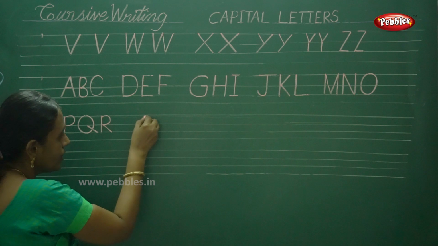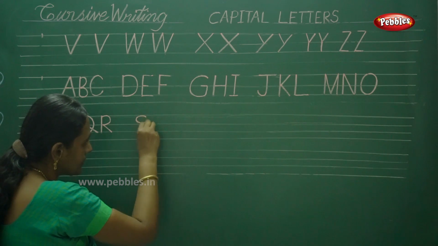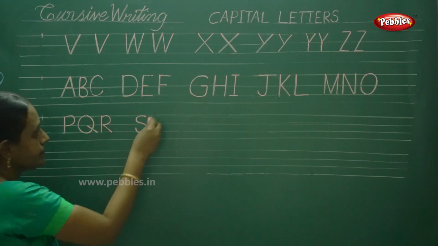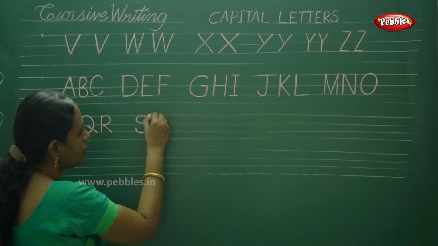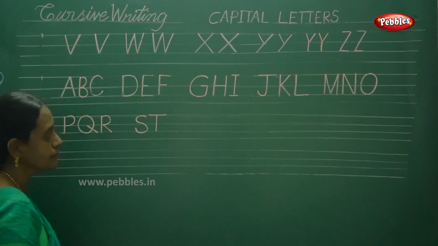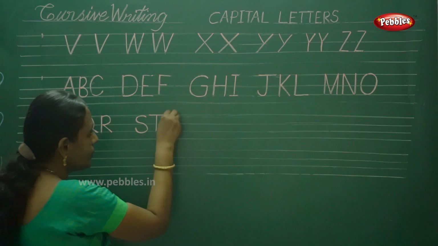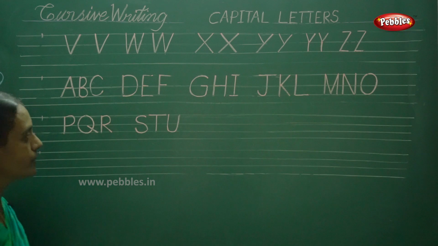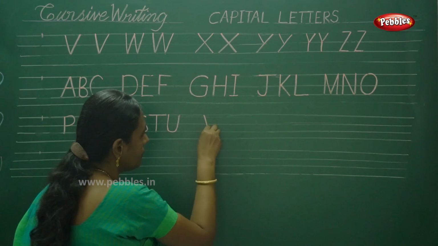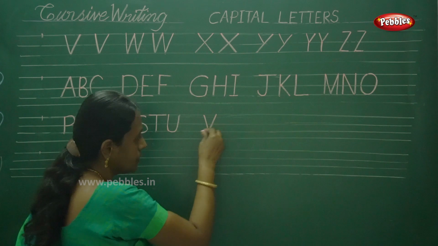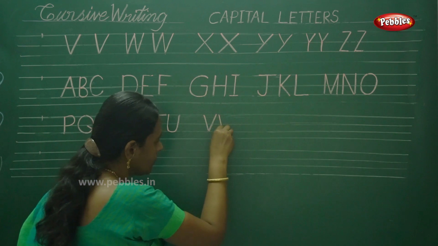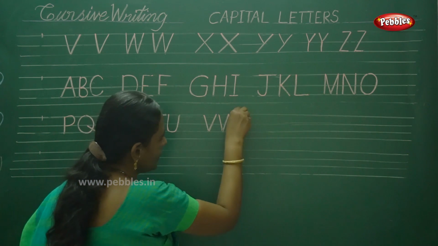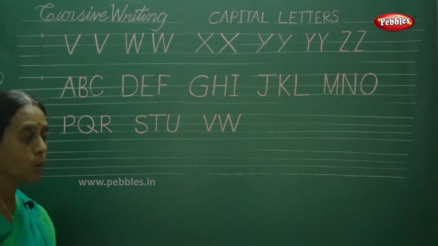And yes, you should draw a correct bend. Okay, S, correct bend. And T: a straight line, a steeping line. S, T, and U also has a correct bend. And the next one is V and W. You lift your hand and write it, children, and write slowly.